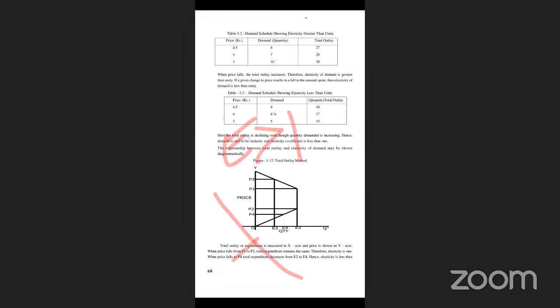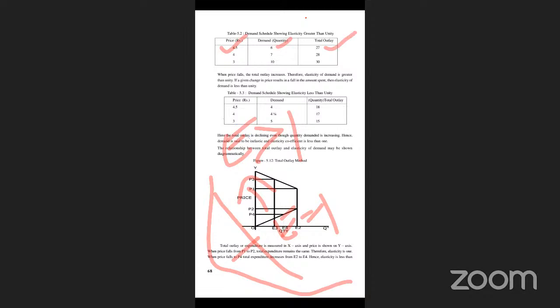On the line, E is equal to 1. This part is greater in the curve, okay? Now see in this schedule, the table which is given. Price is 4.5, quantity is 6. Okay, and the total outlay is 27.